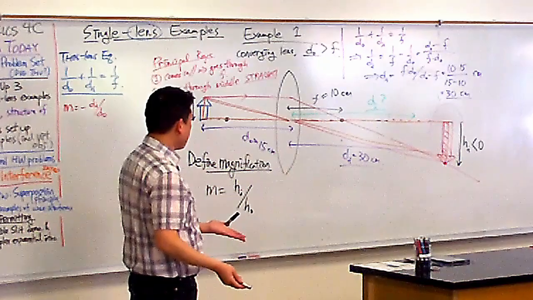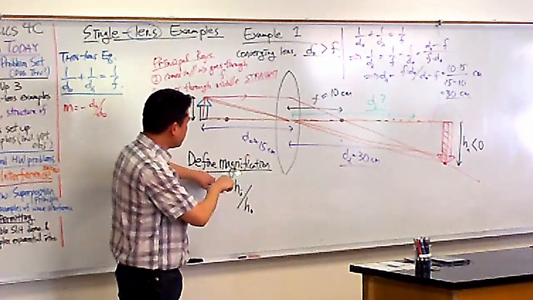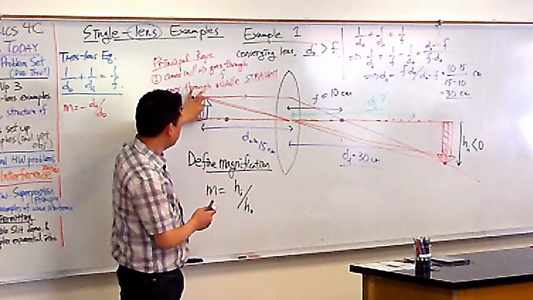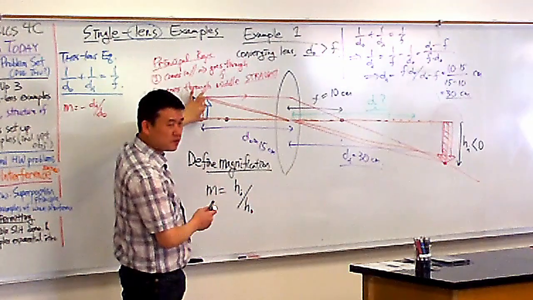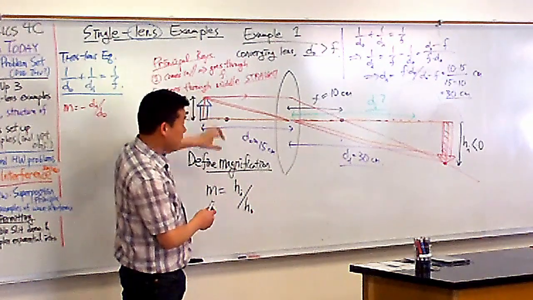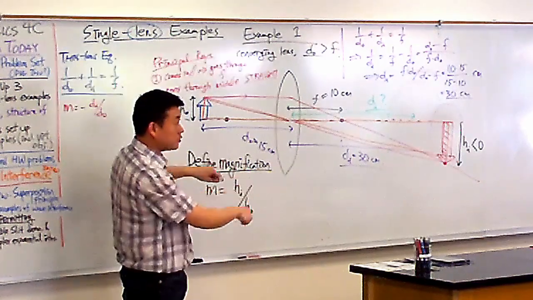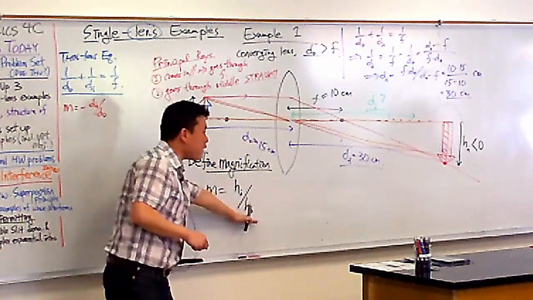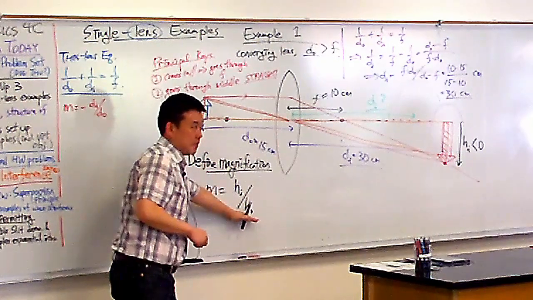Should this magnification depend on the size of the object? If I used half as tall of an arrow, would my magnification still be the same? Yeah, the image will be half as tall, so the magnification will be the same. So even though this is how we define it, we won't really use it a lot.